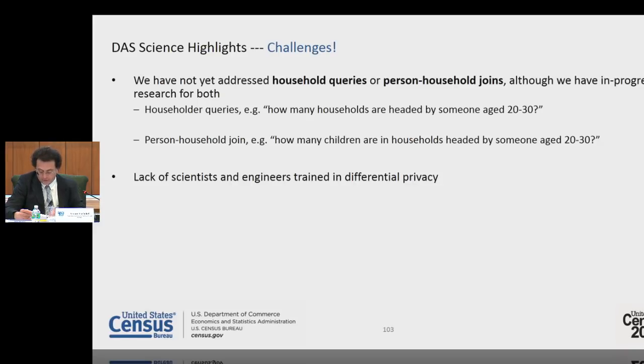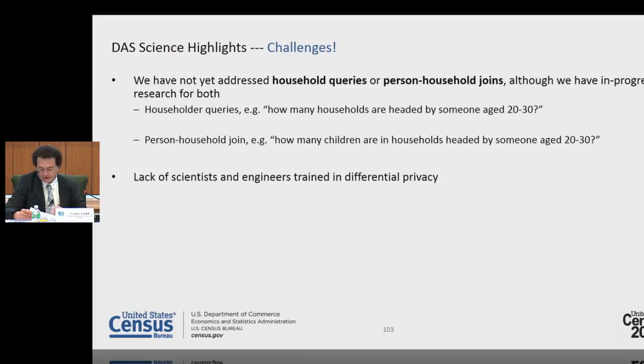The current disclosure avoidance system does not generate microdata for such a query because there are no household queries that are part of the 2018 end-to-end test. The second kind of query that we don't handle are person-household joins, such as how many children are in households headed by someone aged 20 to 30. We can handle person-level queries, though, such as how many children live there and how many people are aged 20 to 30. We haven't done these queries yet due to the lack of scientific and engineering personnel.